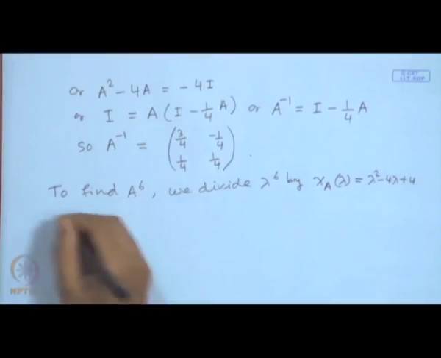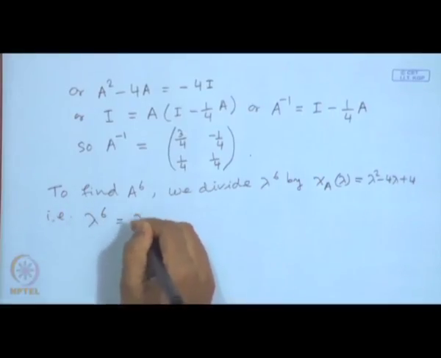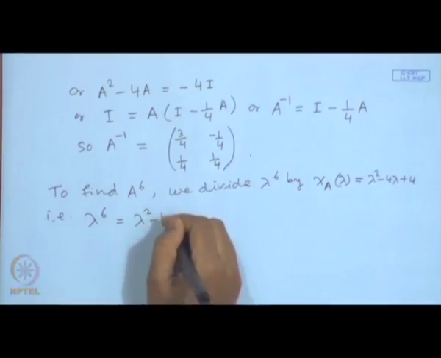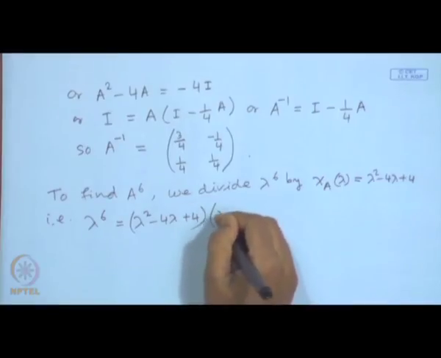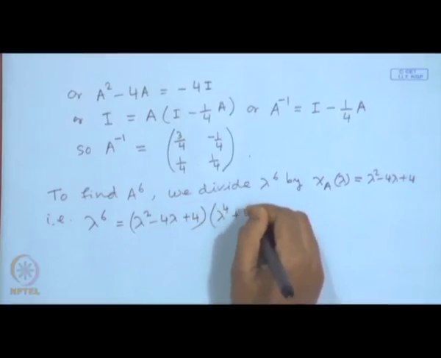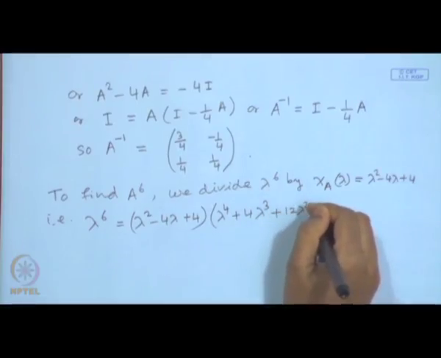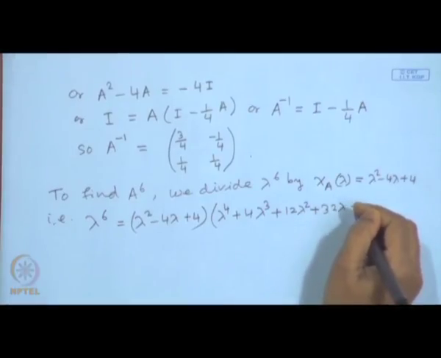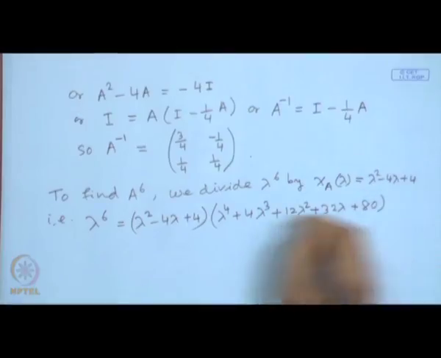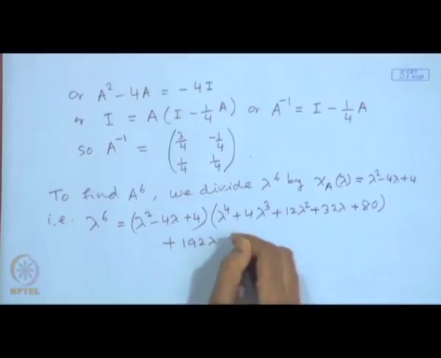That is, we get lambda to the power 6 equals lambda square minus 4 lambda plus 4 multiplied by lambda to the power 4 plus 4 lambda cube plus 12 lambda square plus 32 lambda plus 80, plus 192 lambda minus 320.